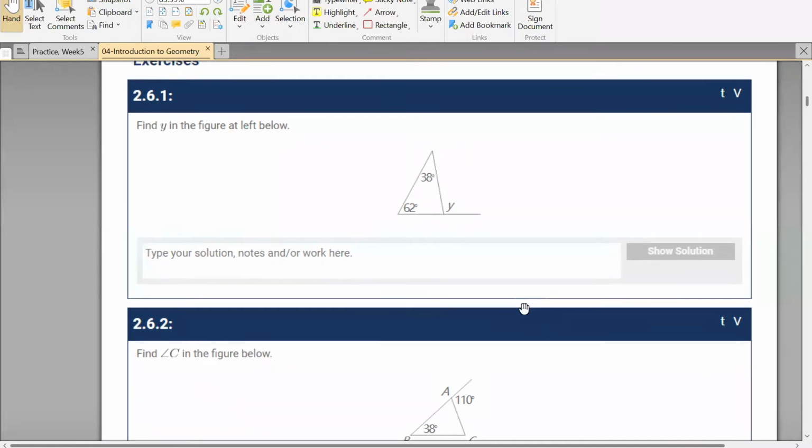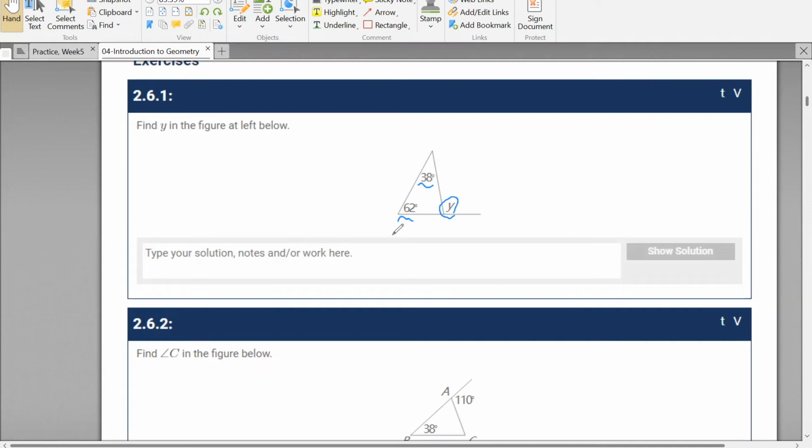Now, can someone tell me what is the angle Y? If you pay attention, angle Y is going to be the external angle, right? And what we said is that the external angle is going to be equal to the sum of the two remote internal angles. The two remote internal angles are this and this, isn't it?